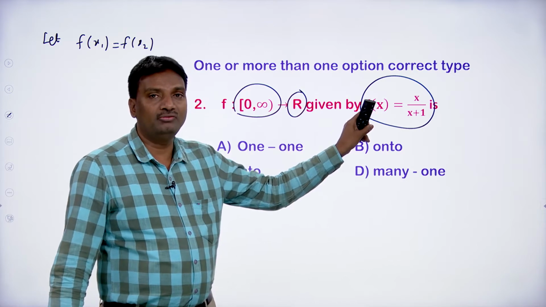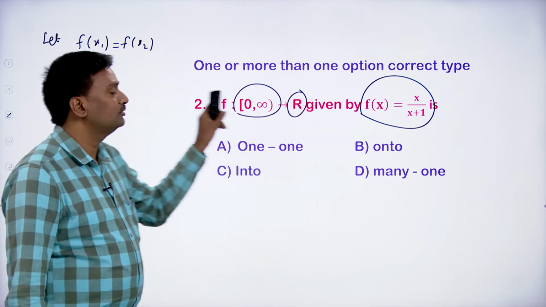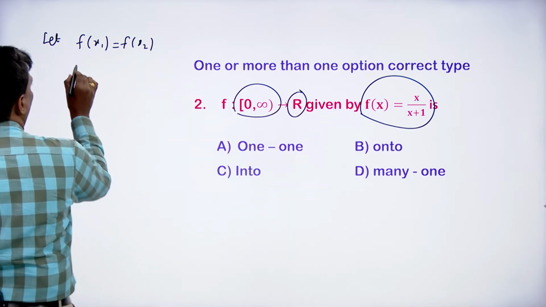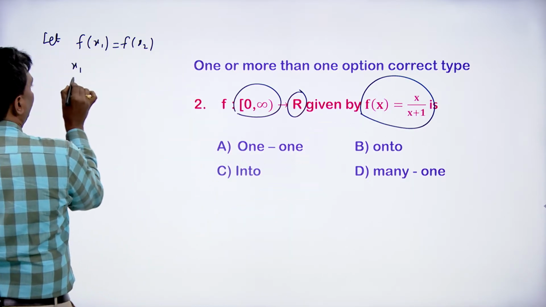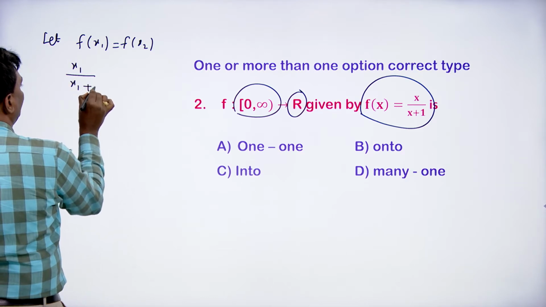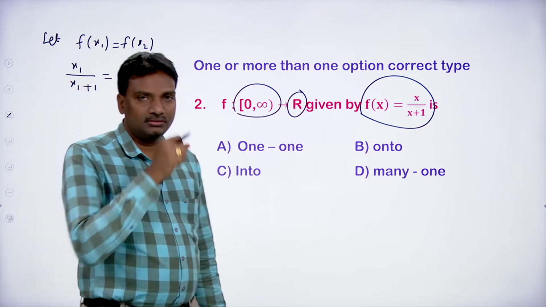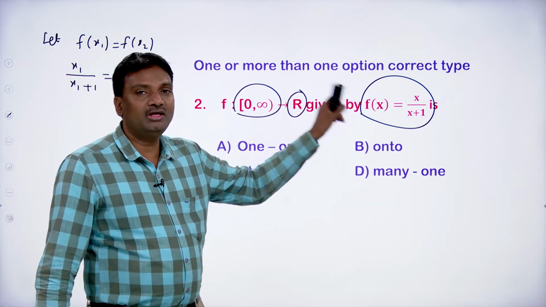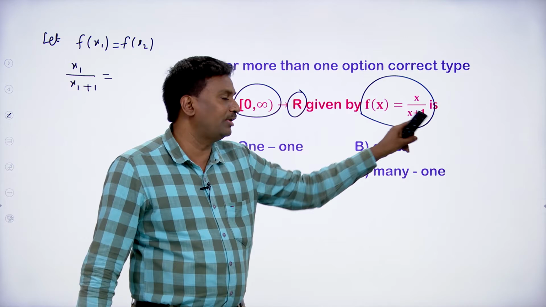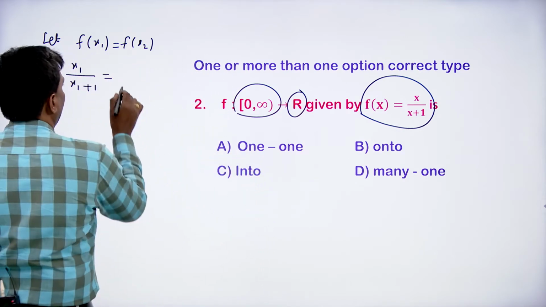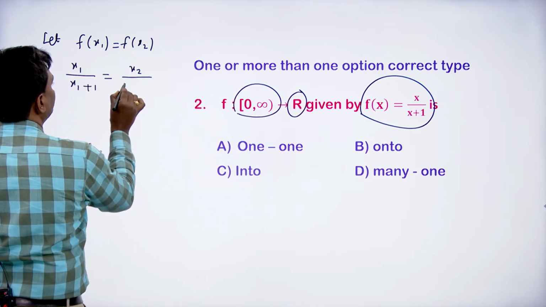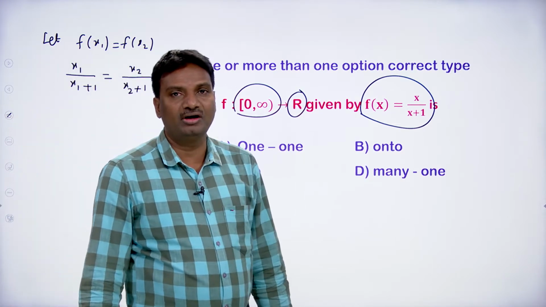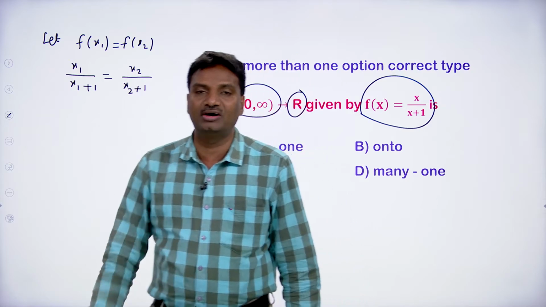In RHS we have f of x2, so in place of x, by writing x2, we get x2 by x2 plus 1.